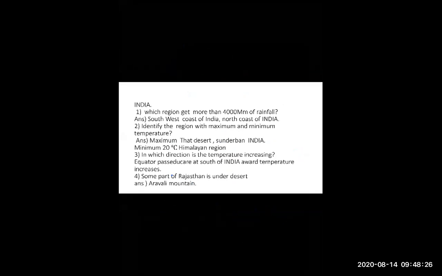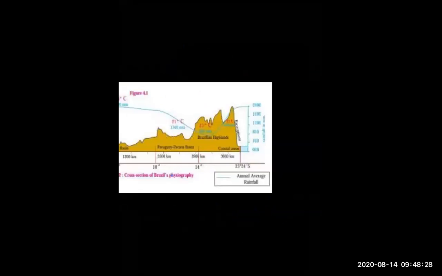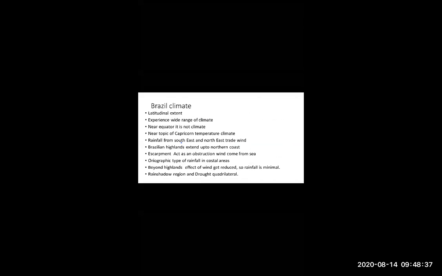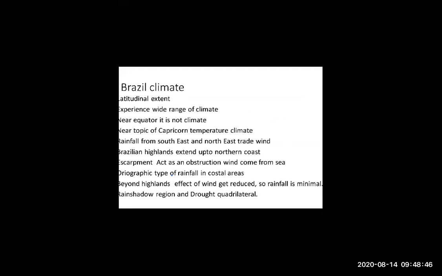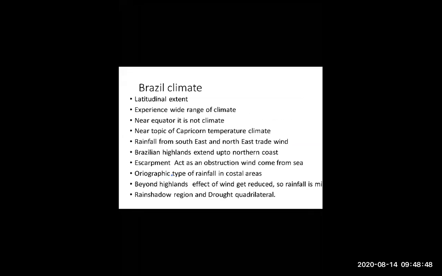Can anyone tell me what is meant by orographic rainfall? Orographic rainfall. Okay, if no one knows, I will explain this part. Rainfall from south, very good. Okay, friends, very good. So after that, orographic rainfall. What is the exact meaning of this type of rainfall?